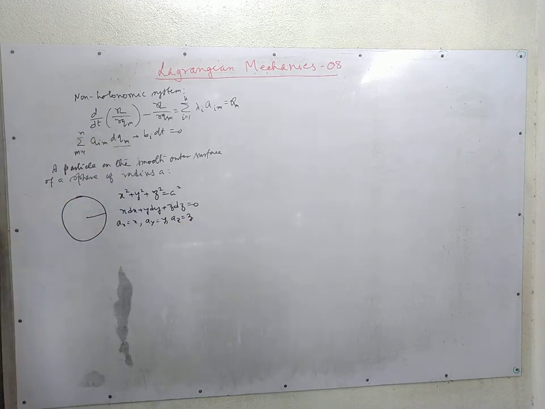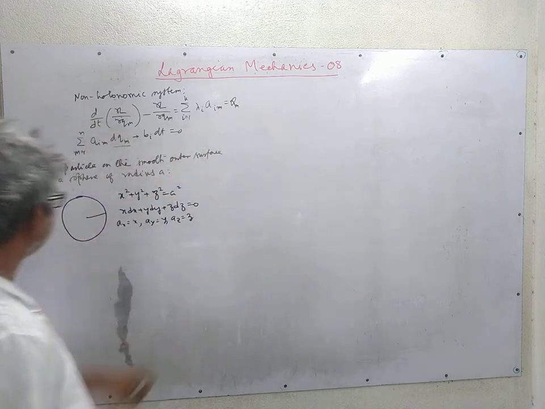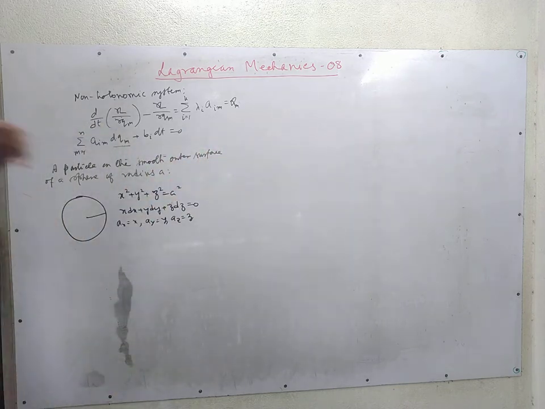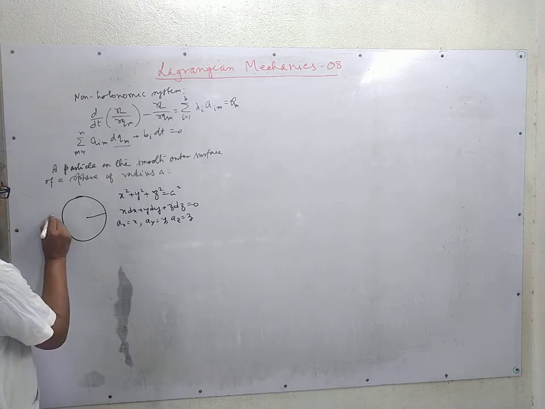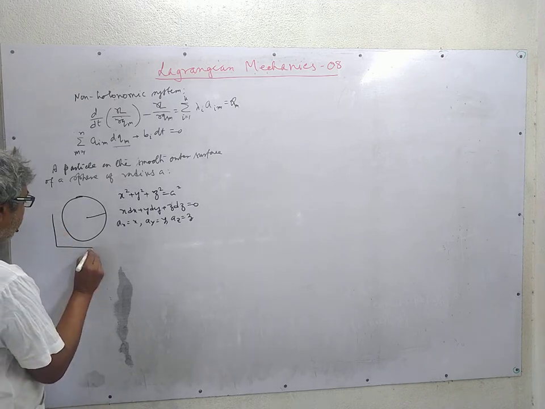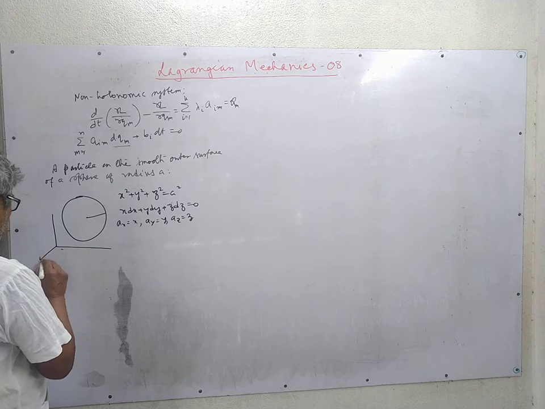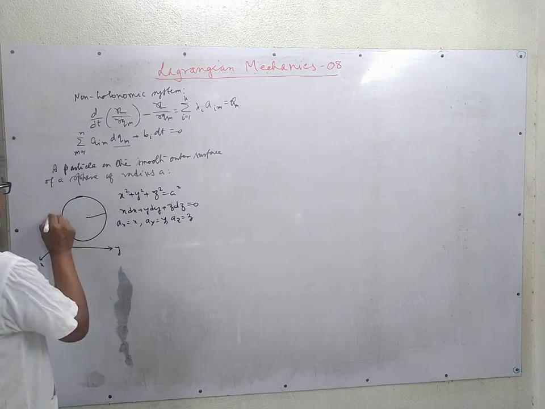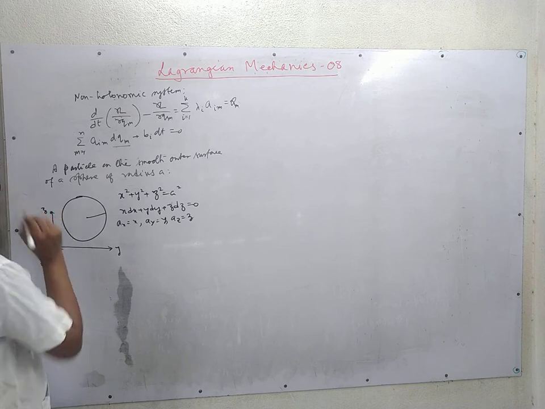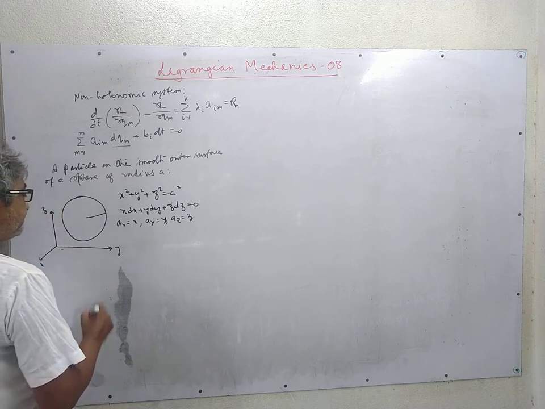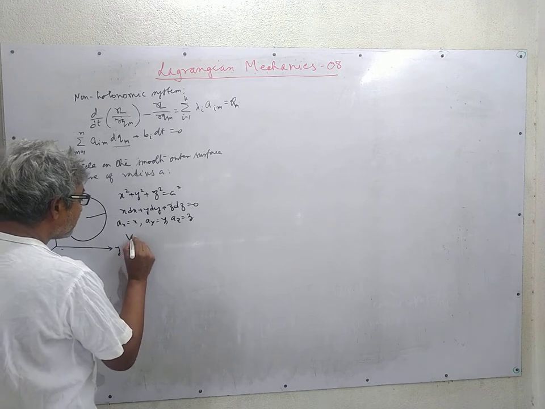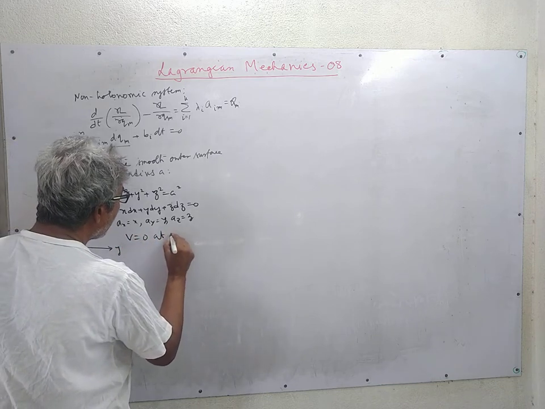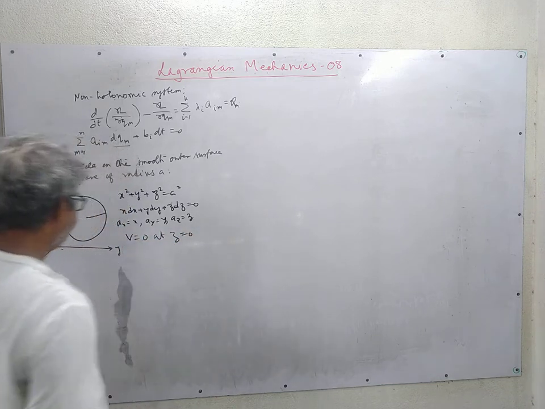So these are the quantities a. We consider the coordinate system such that the xy plane is the horizontal plane and the z axis is the vertical axis. Furthermore, we say that the potential energy V is 0 at z equal to 0.